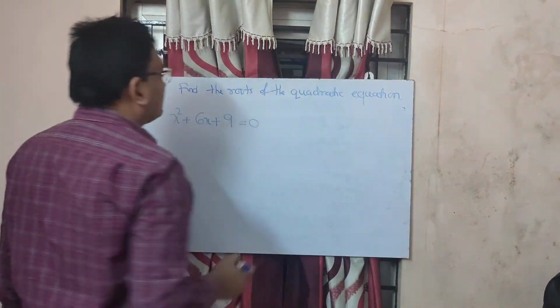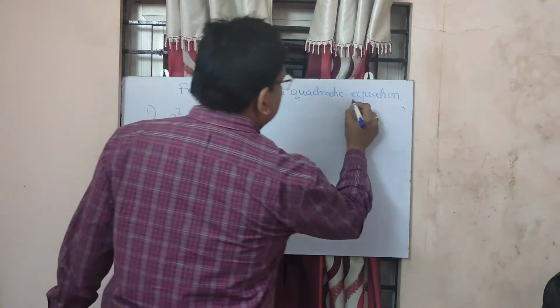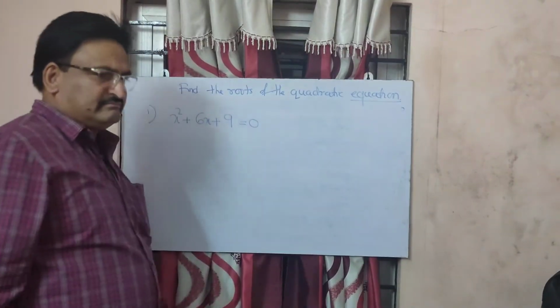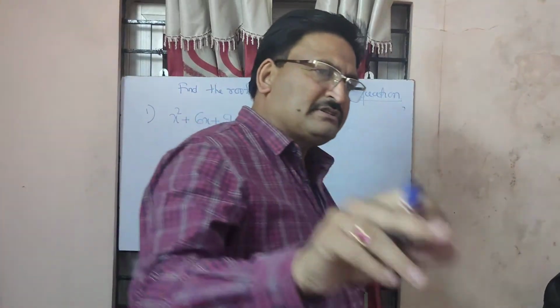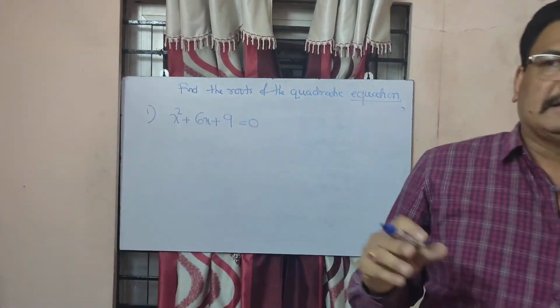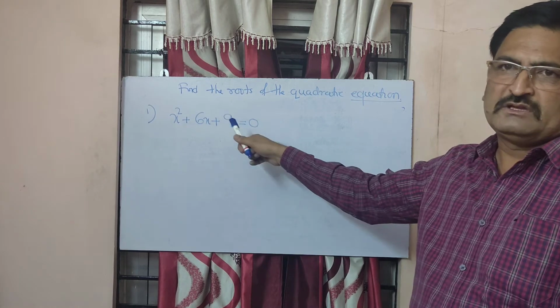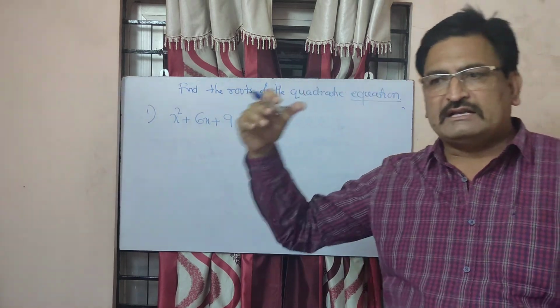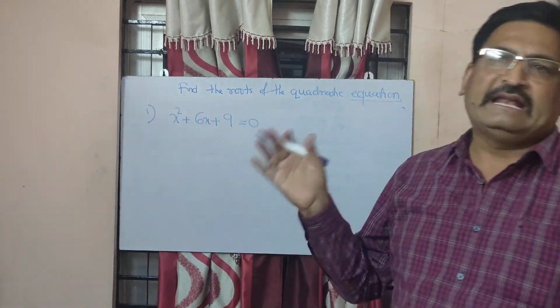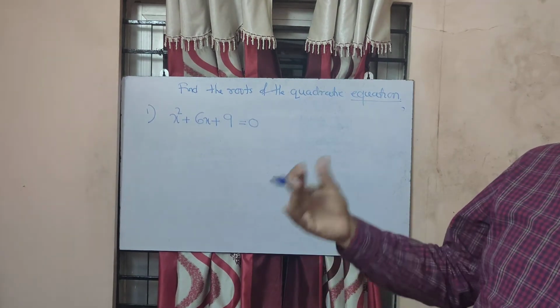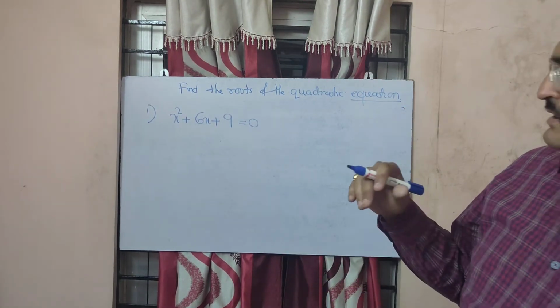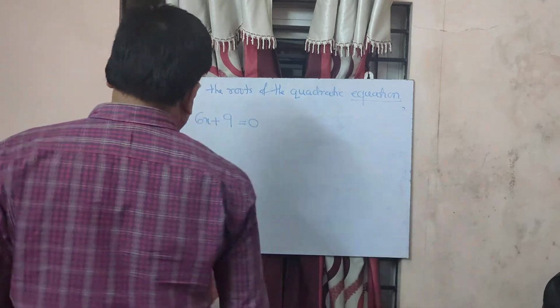Why are we writing is equal to 0? Because this is an equation. If it is an equation, then there should be an equal to sign. Something should be in the RHS, something in the LHS, left hand side and right hand side.